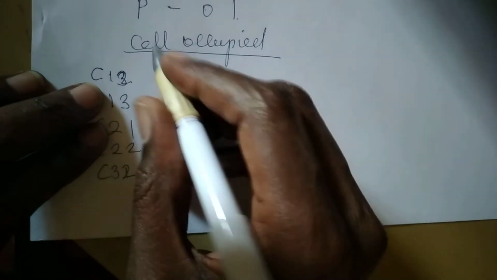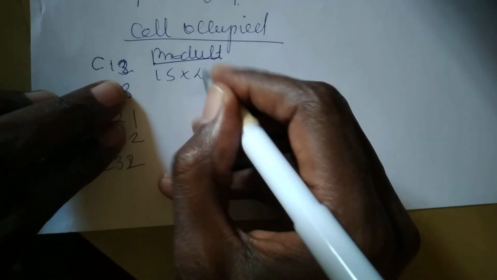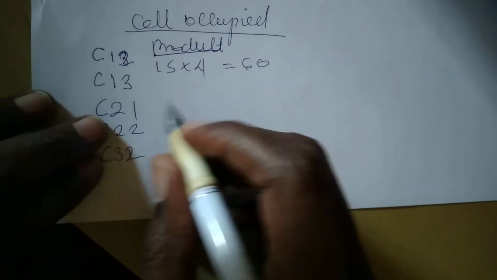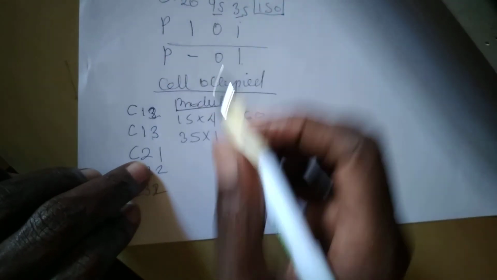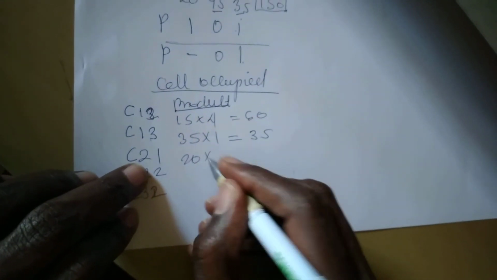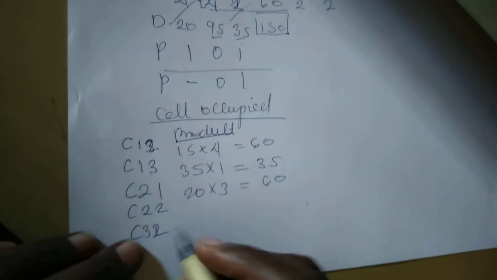So we take the values as we get the product of the values. So C11 is 15 times 4, which is giving us 60. C13, 35 times 1, which is 35. C21, 20 times 3, which is 60.